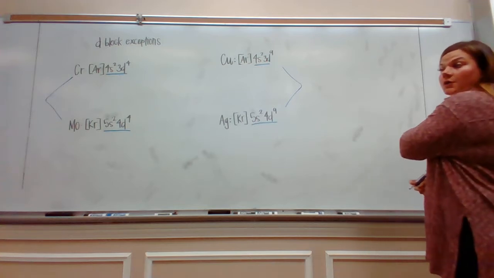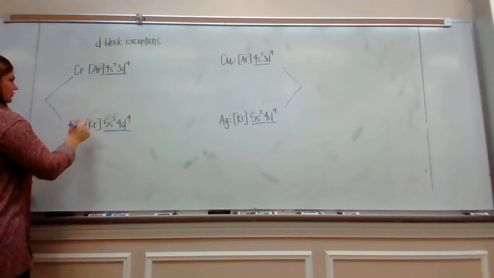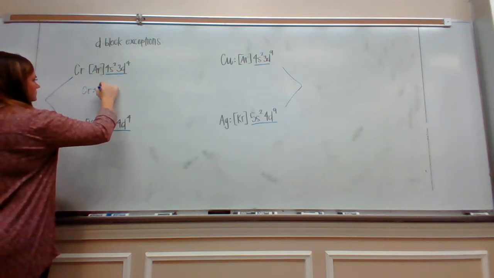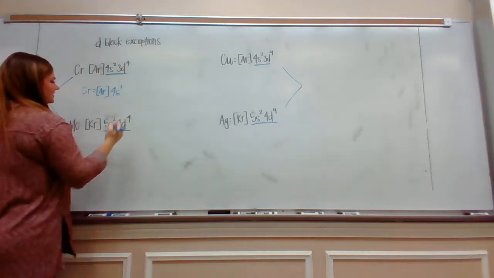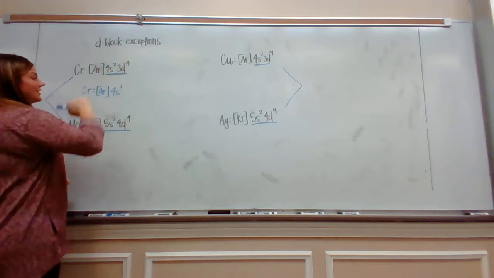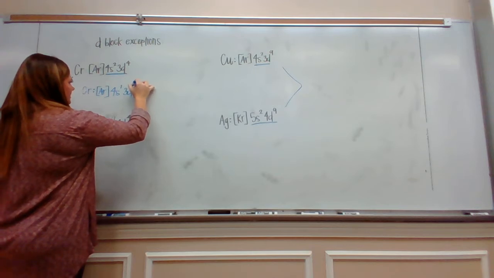Alright, so what happens is, for these 2, they take one of the s electrons, so it leaves me with 4s1. They put it in the 3d orbital, so that it's 3d5.